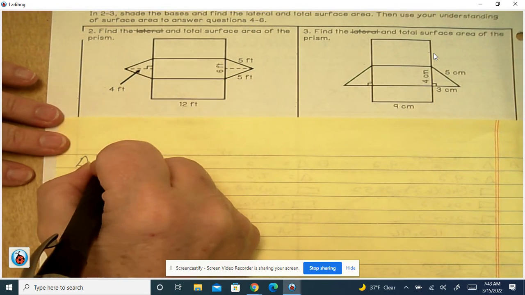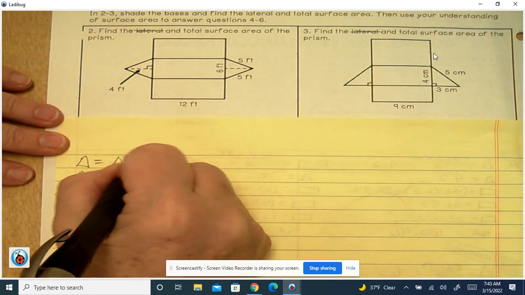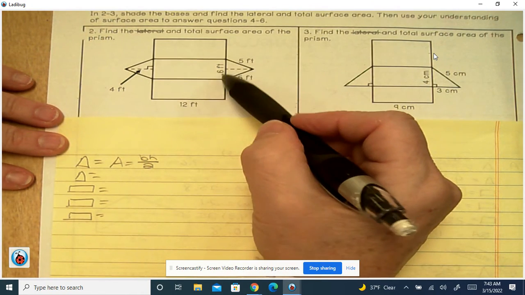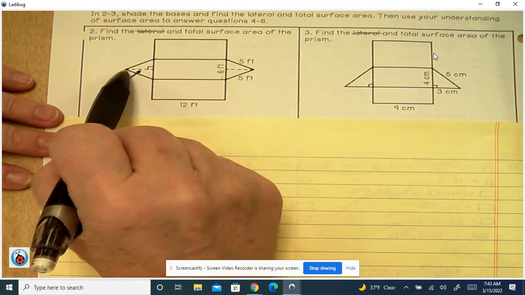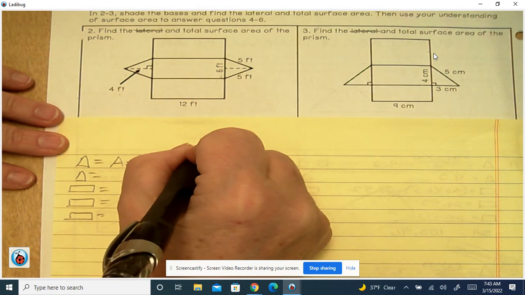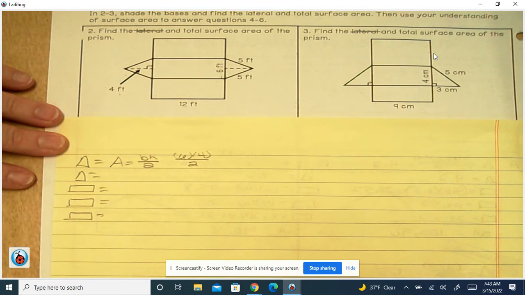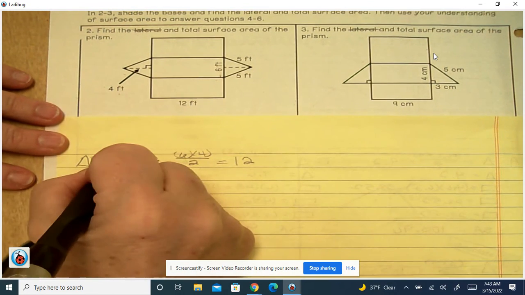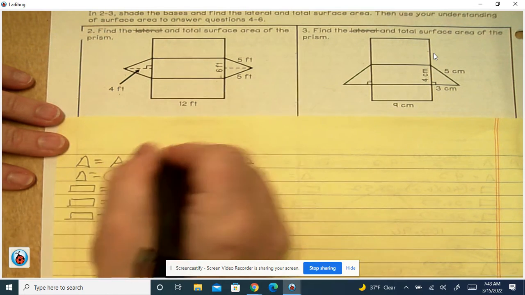Okay, the formula here is area equals the base times height divided by 2. So if we look at it, the base of the triangle is 6, with the dotted line is 4. So we've got 6 times 4 divided by 2. 6 times 4 is 24, divided by 2 is 12. One triangle is 12, the other triangle is 12.